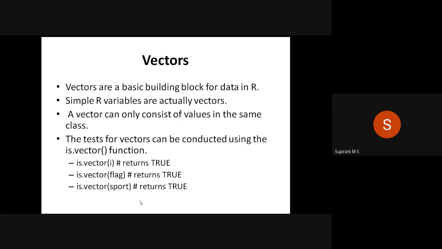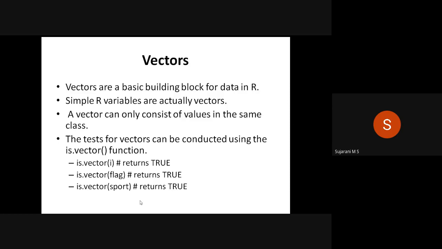We can check whether each variable is a vector using is.vector. Checking example: is.vector(i) returns TRUE. Similarly, in the case of flag and suppose, it returns a TRUE value.